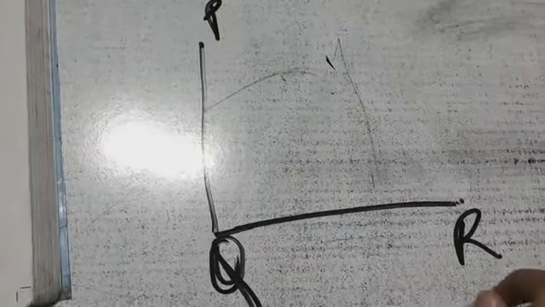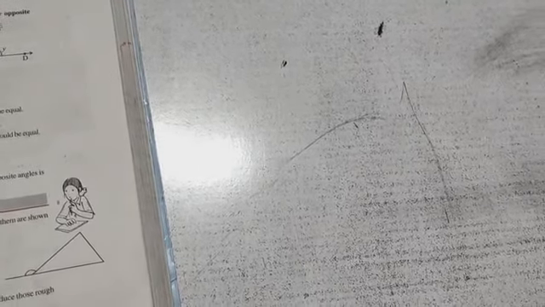In triangle XYZ, YL is the altitude in the exterior of the triangle. So we'll make a triangle. Okay.